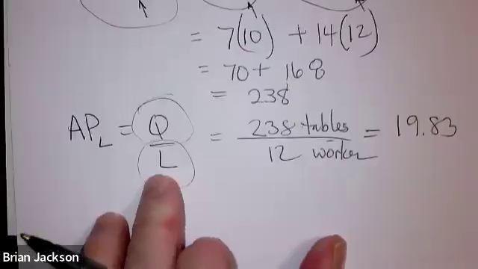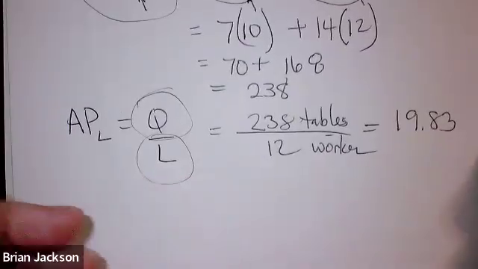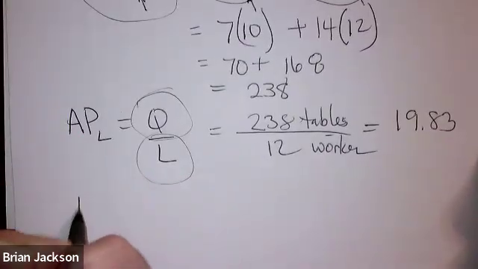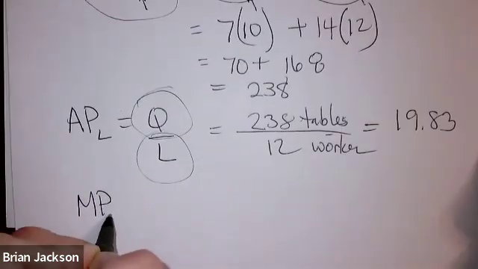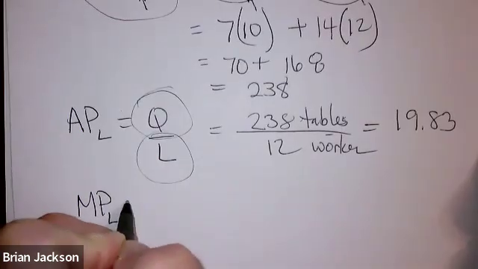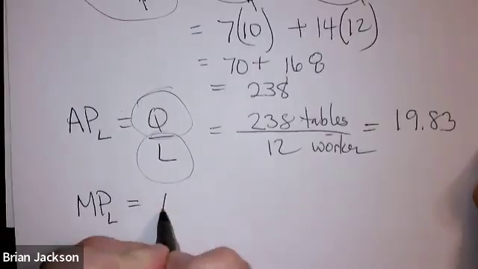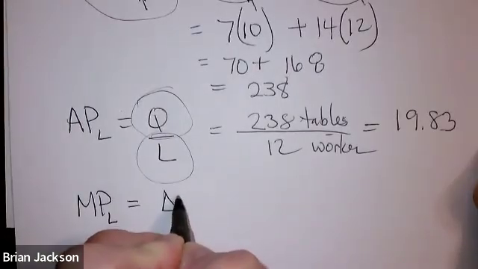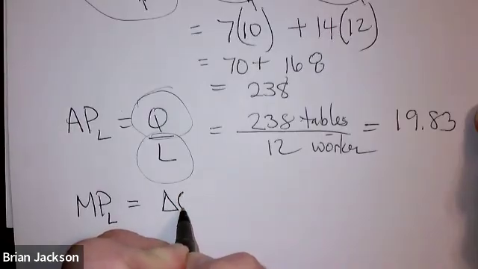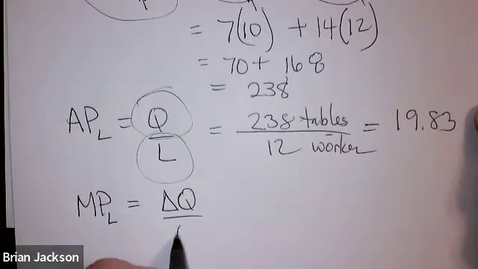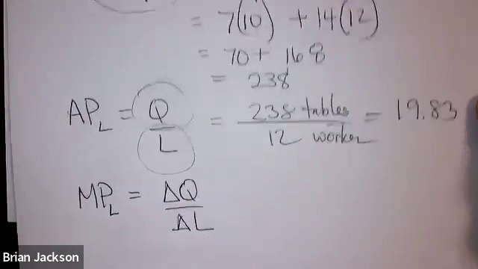But at any rate, they also have you find the marginal product of labor and capital. Let's look at marginal product. Now, your book says that by definition, the marginal product of labor is the change in the output divided by the change in the labor input.